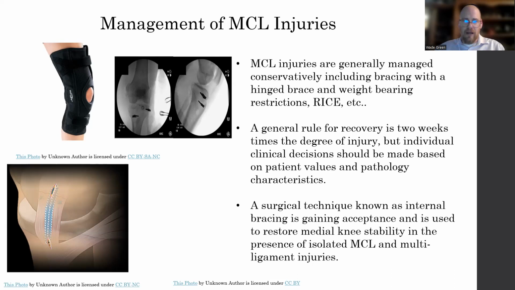And then they may also put some kind of tape over the MCL to reinforce that. So that is a procedure that's getting more acceptance. I did work with a surgeon at TRIA that did this occasionally, but this is not yet a widespread practice, but it is gaining ground.